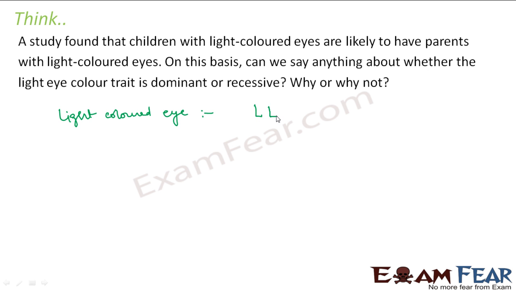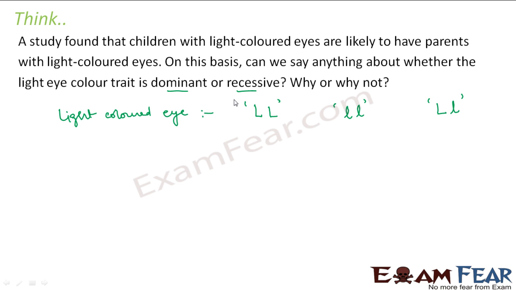We could denote it as capital L, considering that the light colored eye is dominant, or as small l, considering it is recessive, or as capital L, small l, considering it a hybrid. But in this case, we do not know whether this trait is dominant or recessive. So that is the question.